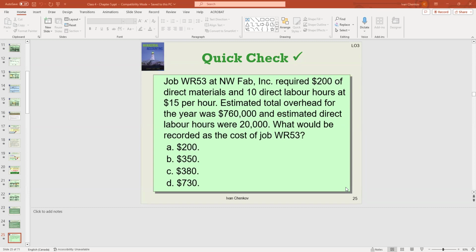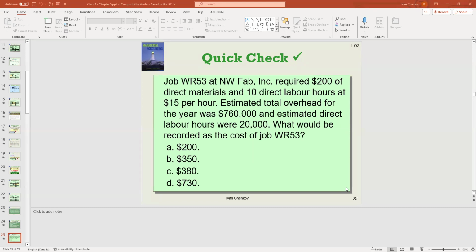So what will be the correct answer? C? 380 is the manufacturing overhead, but we're looking for the cost for the entire job. It's D. Because we have to include direct material, direct labor, and the manufacturing overhead all together.